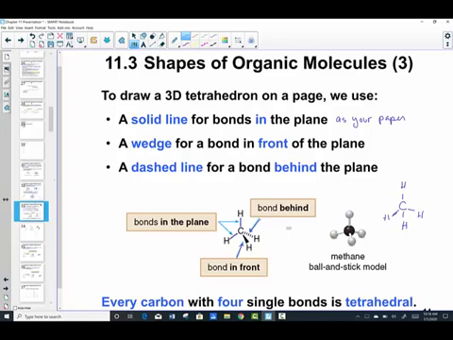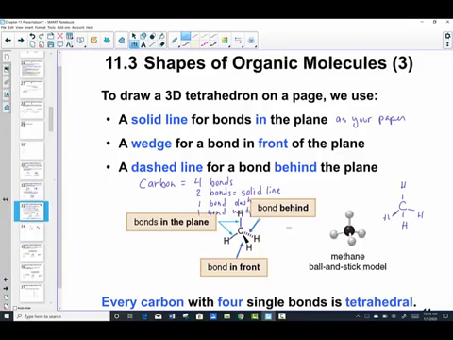Notice that carbon, which has 4 bonds, is going to be in the plane of the paper. 2 bonds will always be a solid line, and they'll always lie in the same plane as the carbon. 1 will be a dash, and 1 will be a wedge.